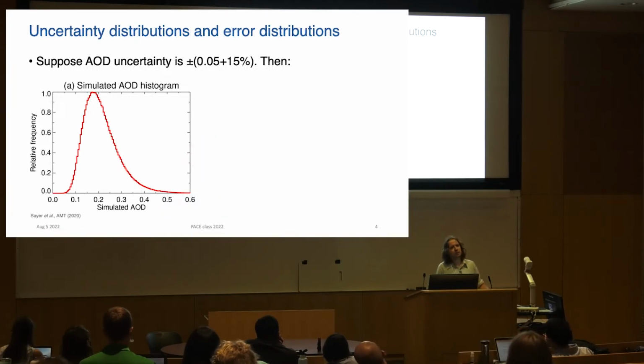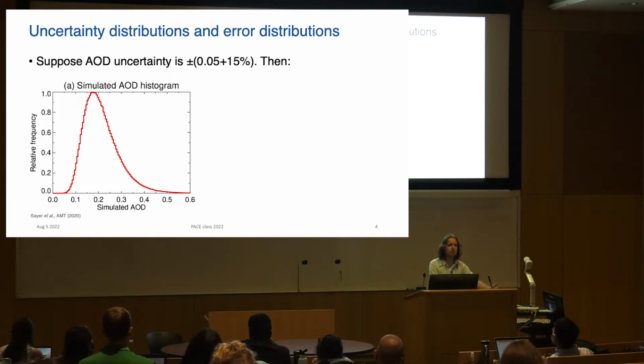So how do these distributions look? Well, suppose you're doing an aerosol retrieval, because that's what I do, and you think my typical uncertainty should be described by 0.05 plus 15% of the retrieved AOD, which is a typical value for a lot of retrieval algorithms over land.